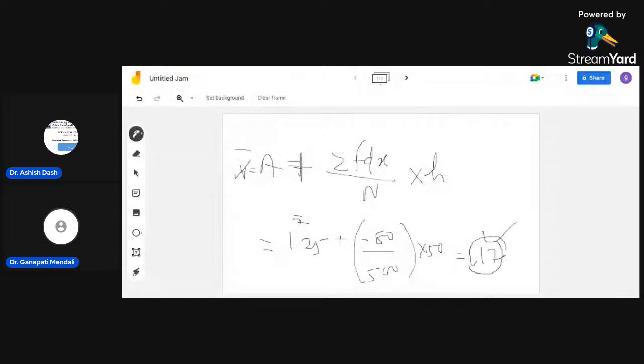So this is the indirect method. There are some usefulness of this method, because it is very easy to understand and we can easily calculate. This arithmetic mean is based on all the observations, and it is compatible with further mathematical treatment. What does further mathematical treatment mean?